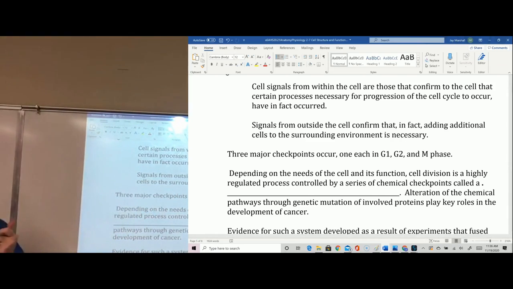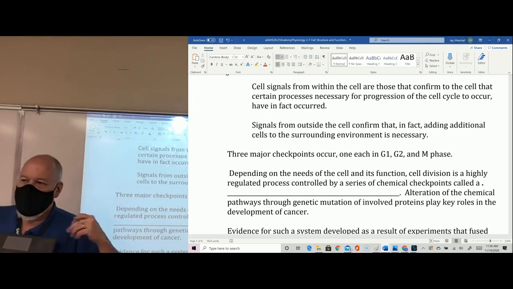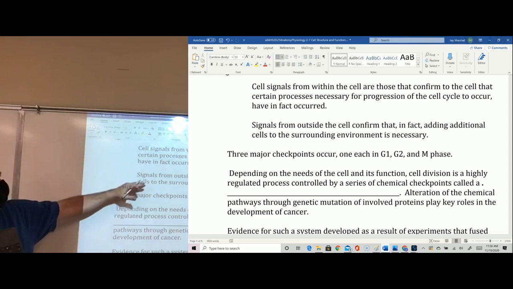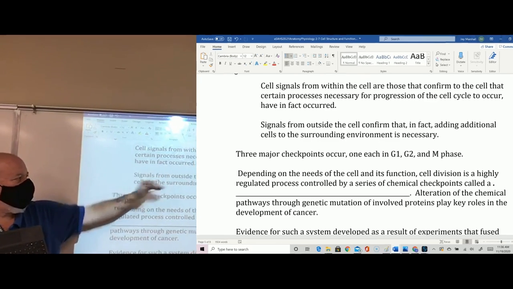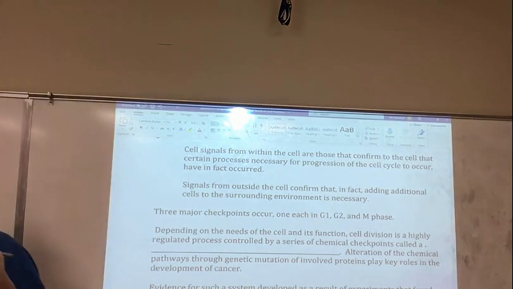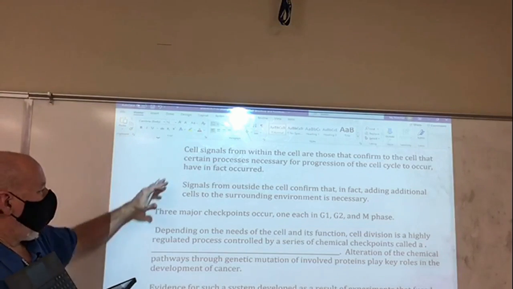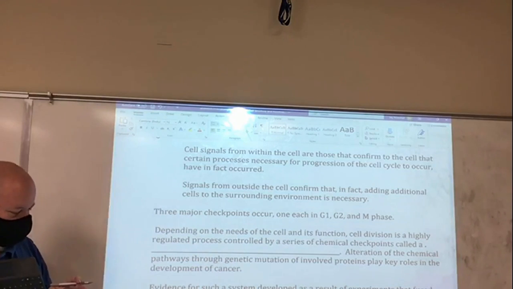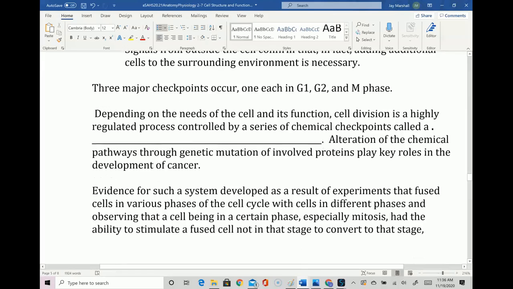If I've gouged out a big section of my skin because I ran my hand through a glass window or something like that, the outside environment of that wound is telling me that I need to add more cells, right? I've got to have more cells come into my skin surface. Three major checkpoints occur, one each in G1, G2, and M phase.